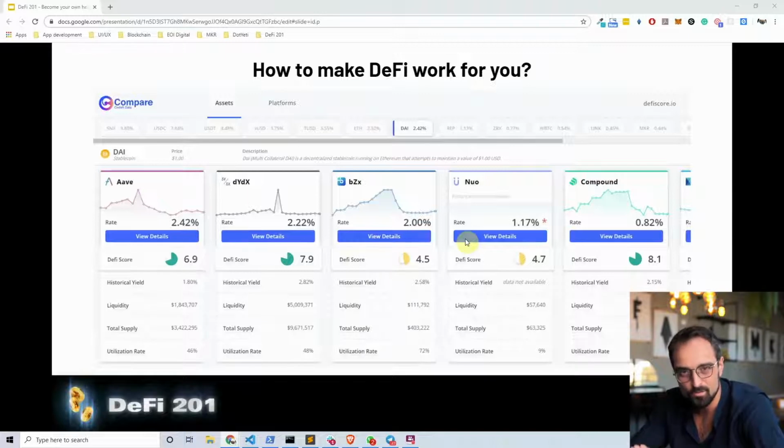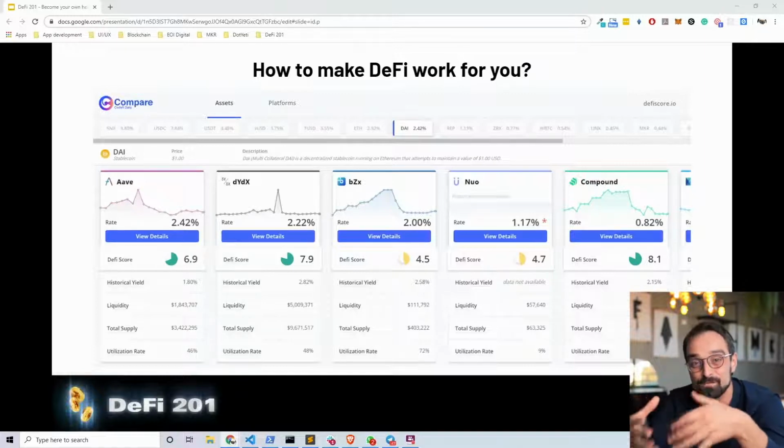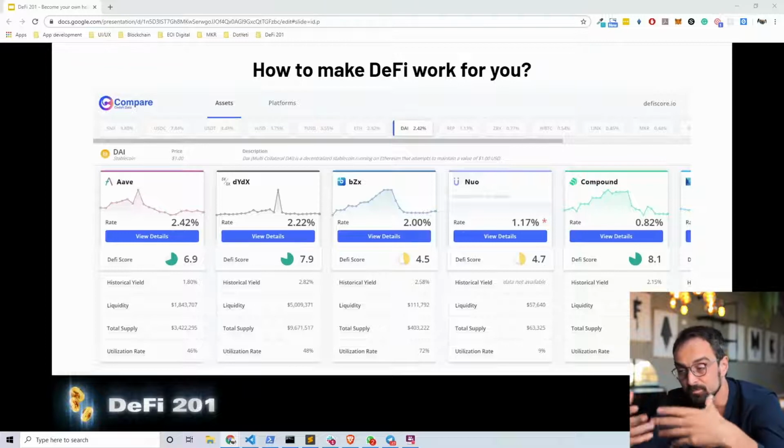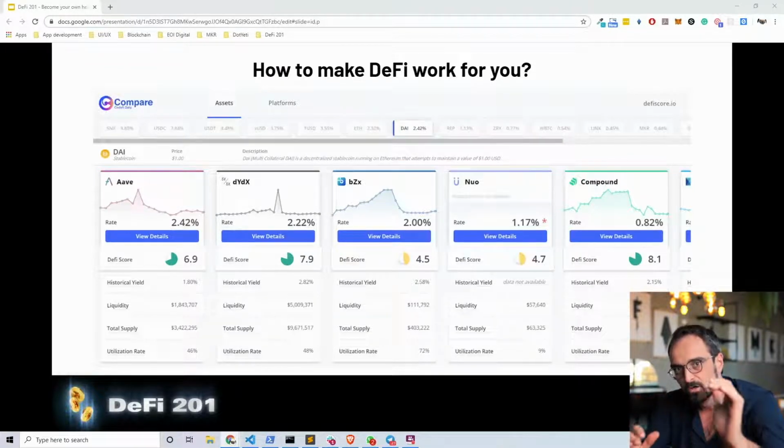Okay, so how to make decentralized finance work for you? Well, first of all, when you start setting up your yield hacking strategy, and when you start investing in certain protocols and inject your assets into DeFi protocols that generate yield for you, make sure that the gas prices are low.